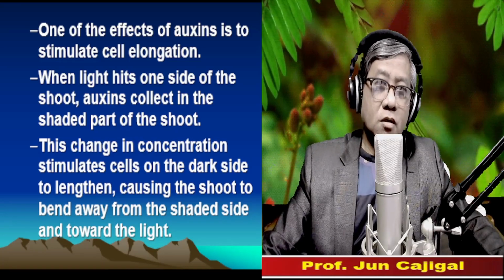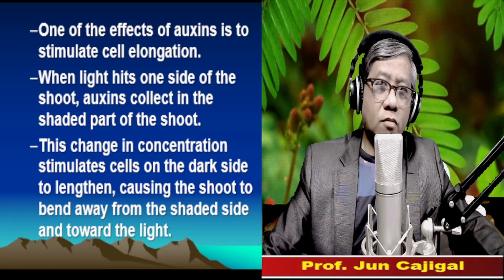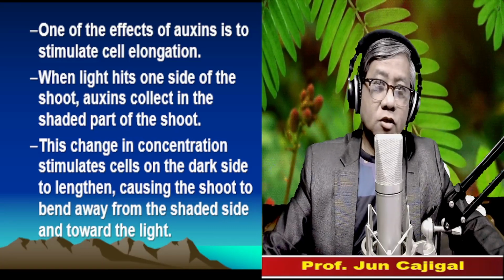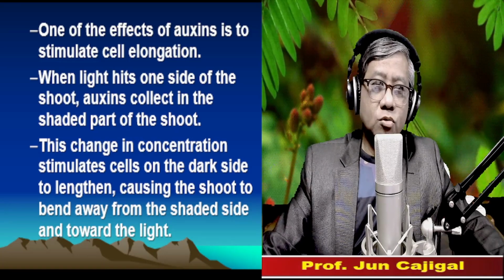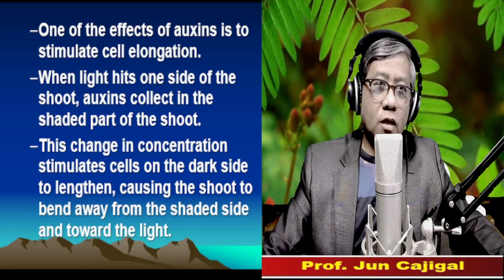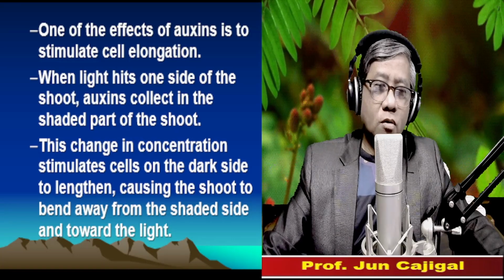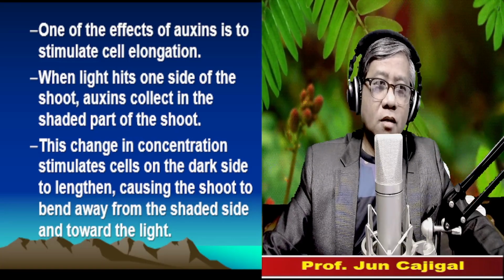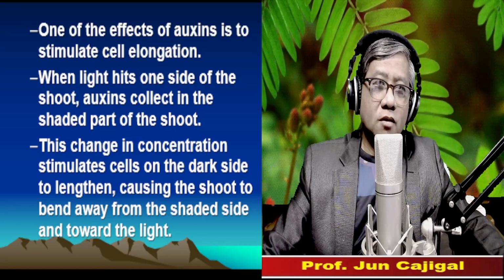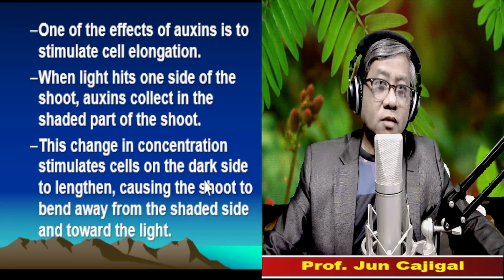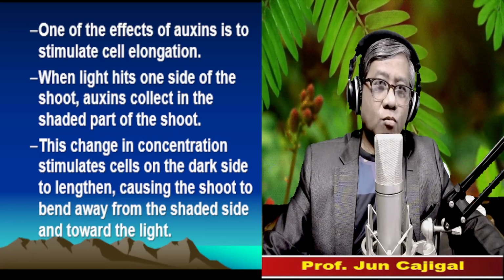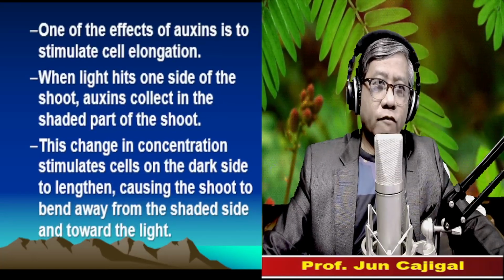This change in the concentration of auxin will stimulate the cells on the dark side, or the shaded part, of the plant shoot to lengthen or elongate. And this will cause the shoot to bend away from the shaded side and towards the light source. So that is the explanation of Cholodny and Went in phototropism.